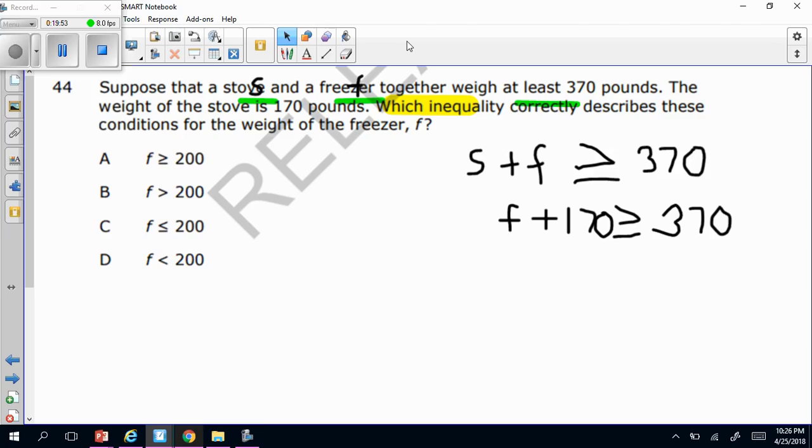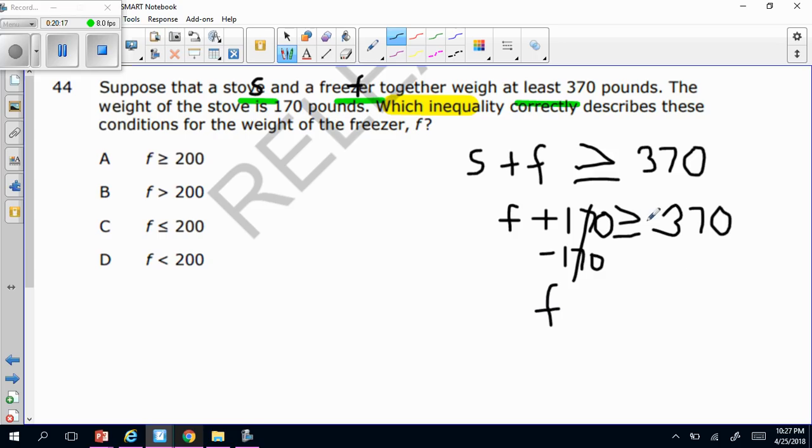So in this case, the opposite of addition is subtraction. So we want to get rid of the 170. We want F, our variable, by itself, always and forever. So we're going to take 170 out. That cancels out. That's done. Now we have F by itself.